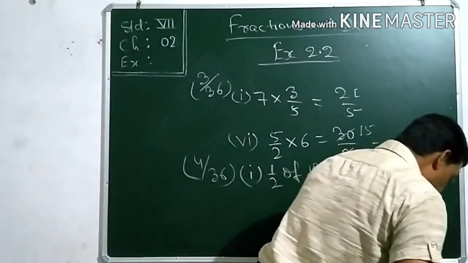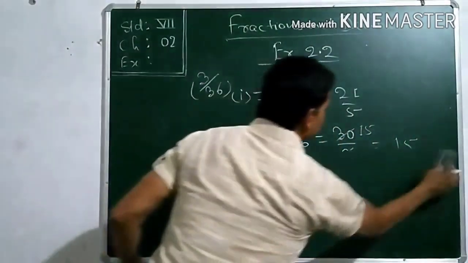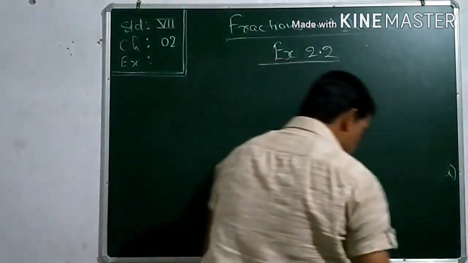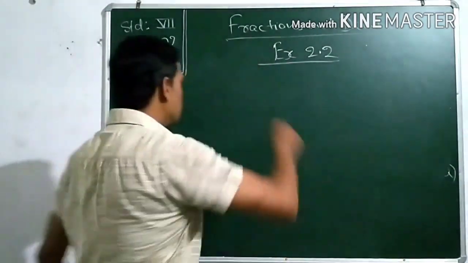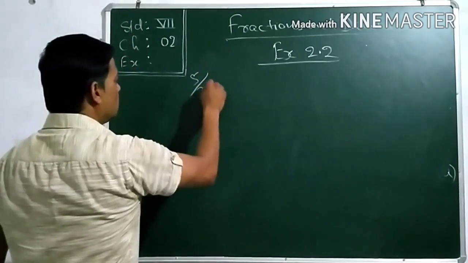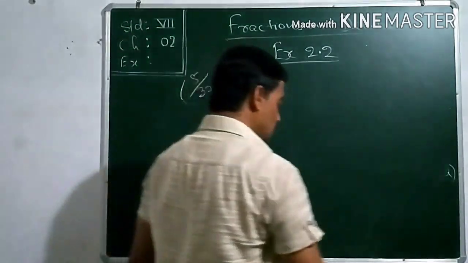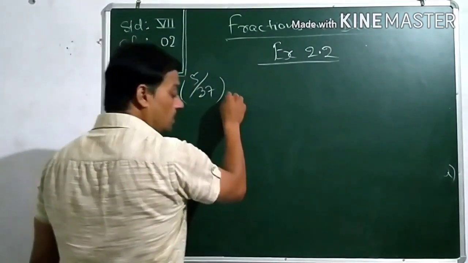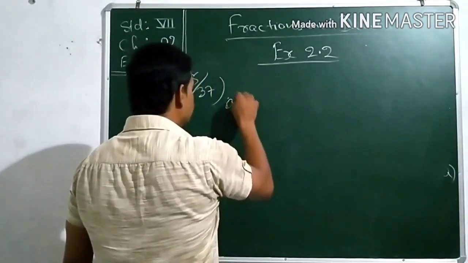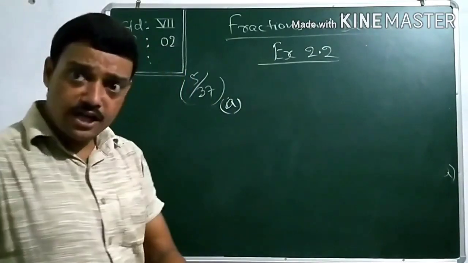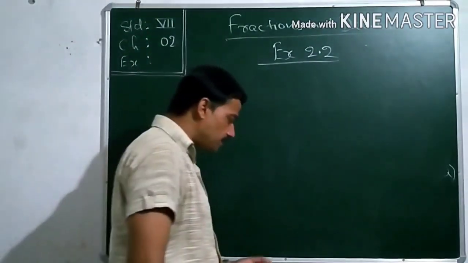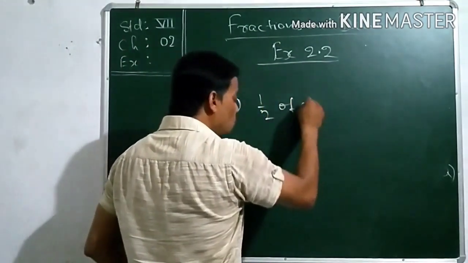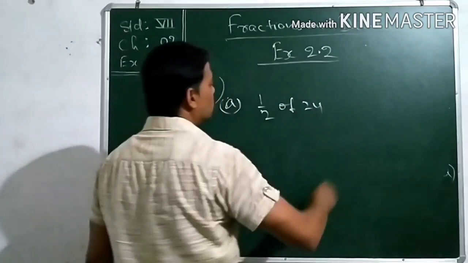Come to the fifth number sum. In the fifth sum, look in the A number. A number sum is divided into two parts, first and second part. In the first part, you will solve 1 by 2 of 24.